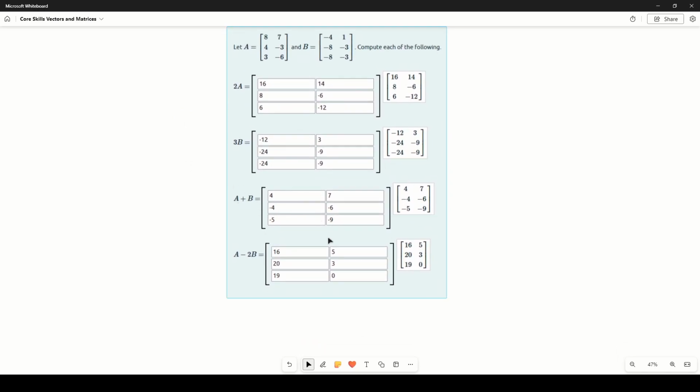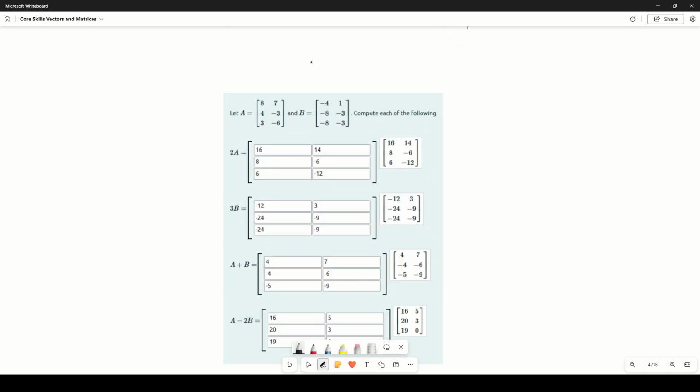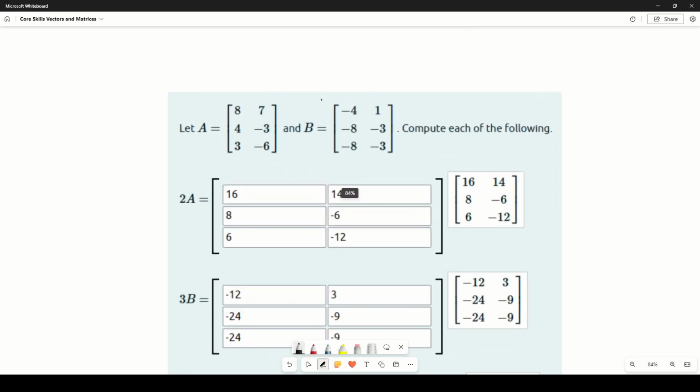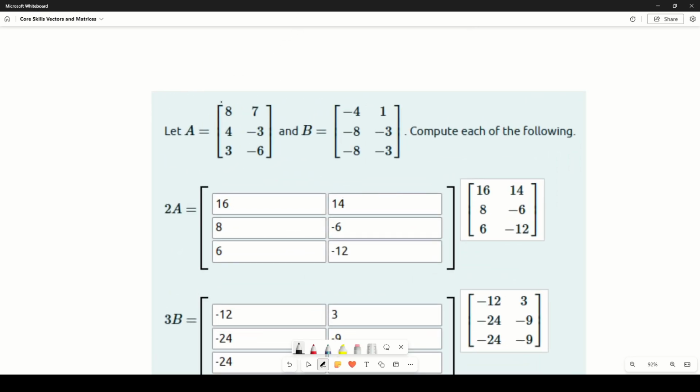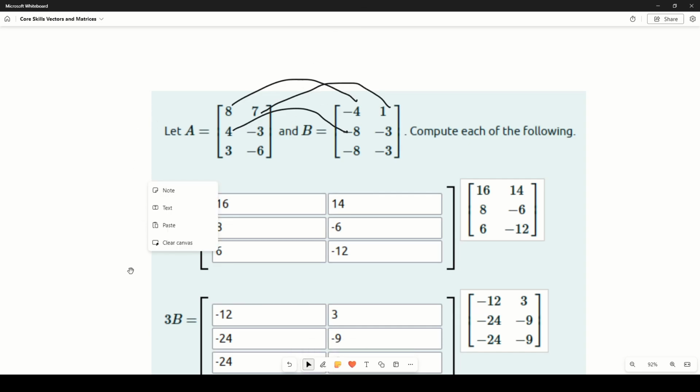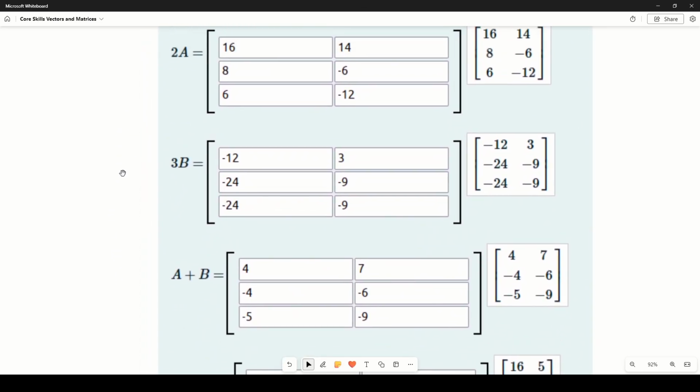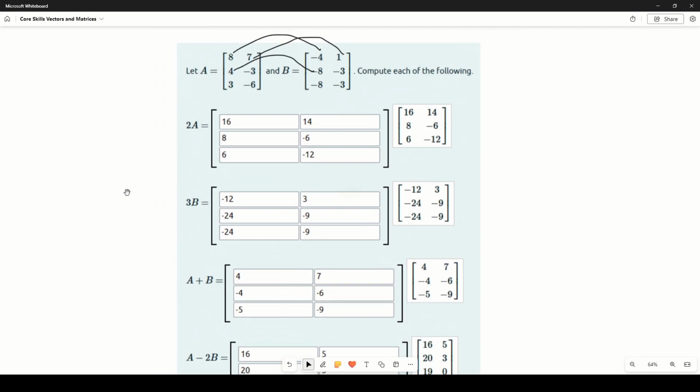Now for A plus B, we're going to add together the values which are in the same place. So that means we're going to be adding 8 and 4, 7 and 1, 4 and minus 8, and so on. And this is actually where I made a mistake. This shouldn't be 7, this should be 8, because that's 7 plus 1.